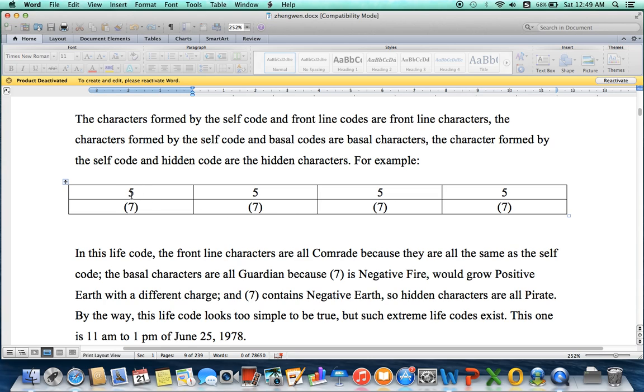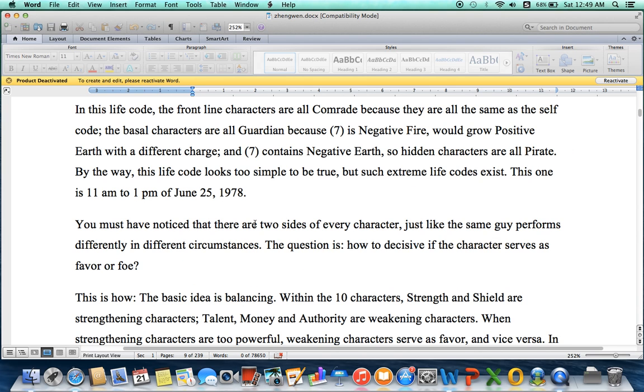If this code is water and there is no water within the basal and the hidden line, the power of this code would be cut in half, so the power level is 30. So three things in mind: 60, 100, 200, and without root, 30.